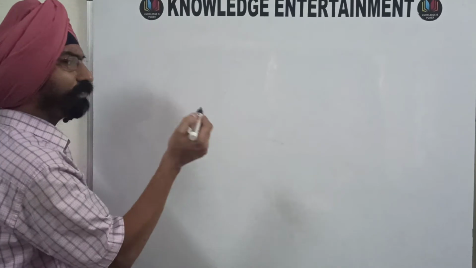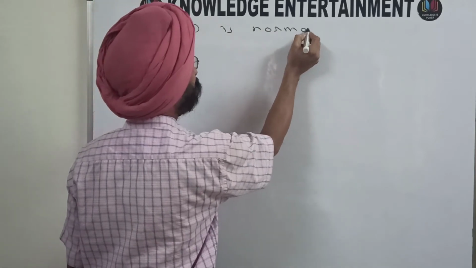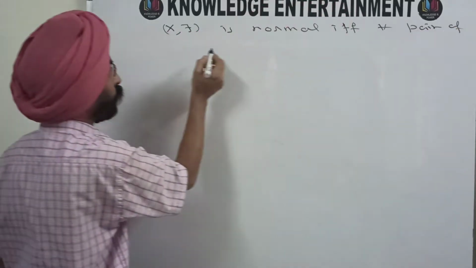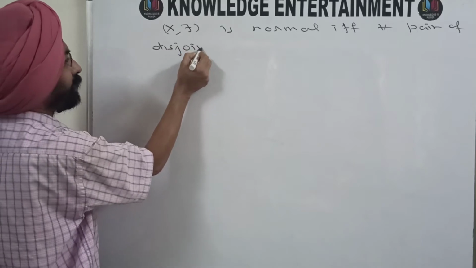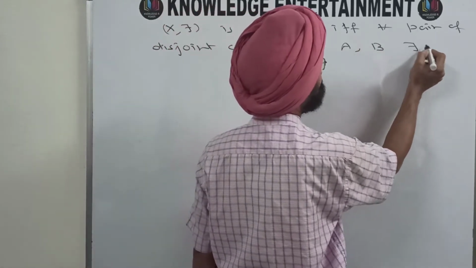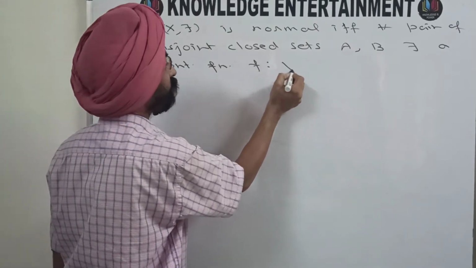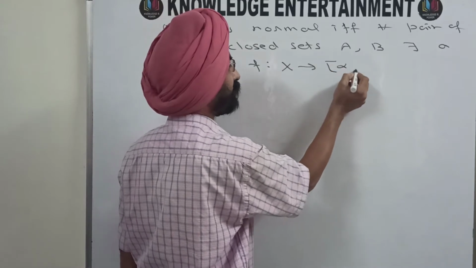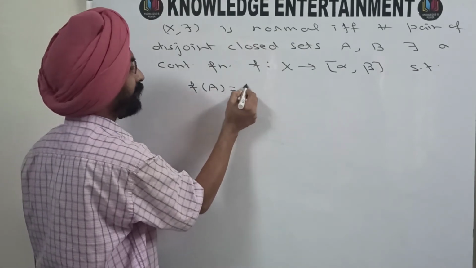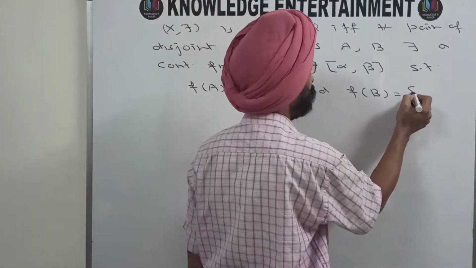So the statement of the general form of Urysohn's lemma is: X is normal if and only if for every pair of disjoint closed sets A and B, there exists a continuous function f from X to, now the interval is changing, any interval [alpha, beta], such that image of every point of A is alpha and image of every point of B is beta.